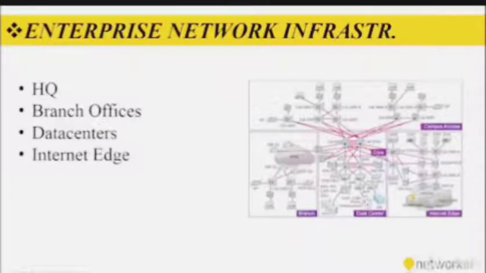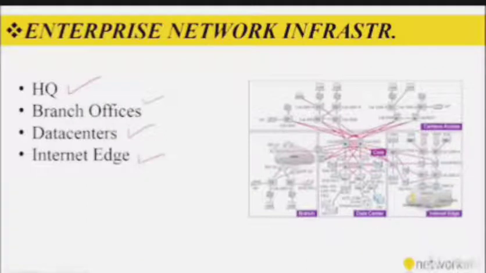And let's take a look at the enterprise network infrastructure. In an enterprise network infrastructure, we have four main parts. The first part is HQ. The second one is branch offices. The third one is data centers, and the last one is the internet edge.